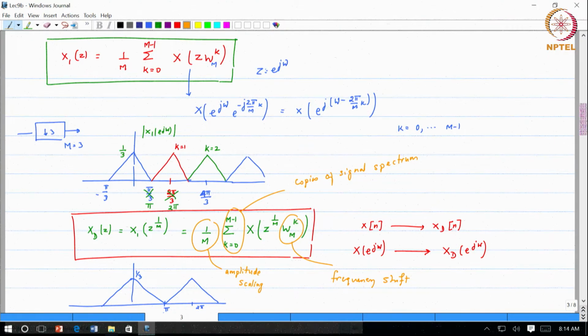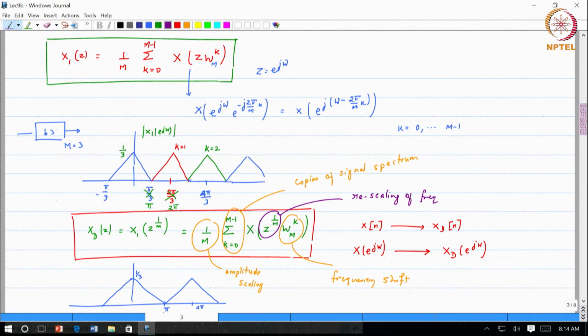Now, the last step of writing the spectrum of the downsampled signal basically boiled down to doing a rescaling of the frequency, that is all. Okay. Once you have this picture, then it is very easy for us to work with the downsampler and not have any confusion at all.